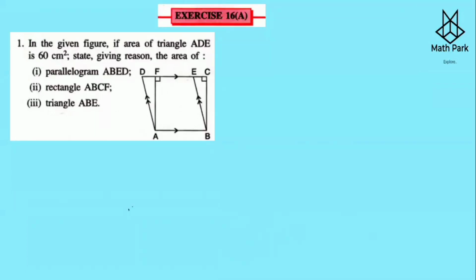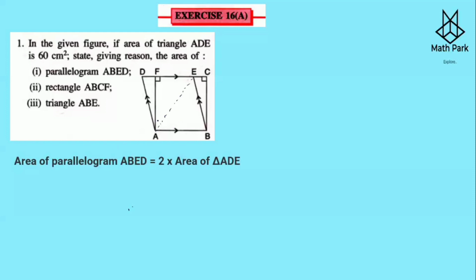In the given figure, if the area of triangle ADE is 60 centimeters square, state, giving the reason, the area of parallelogram ABED. So the area of parallelogram ABED is going to be twice the area of triangle ADE. Why twice? Because AE is a diagonal, and this diagonal divides the parallelogram into two congruent triangles.